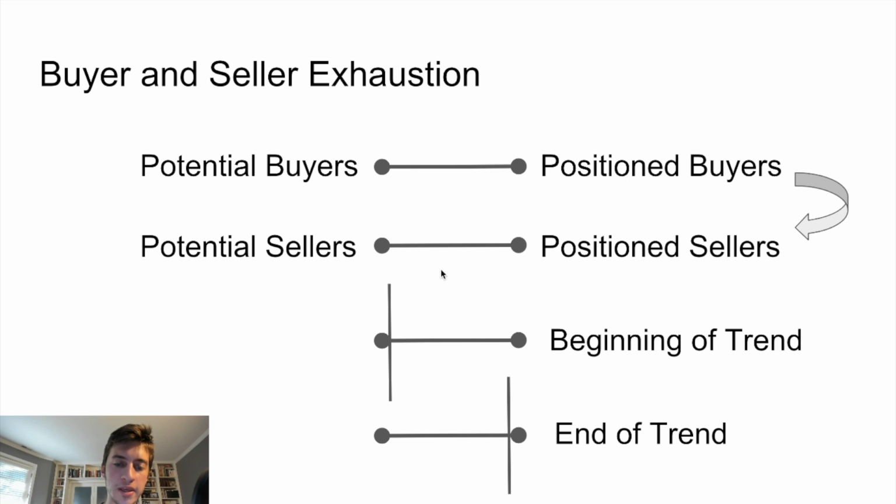And the second one would be think of a trend as a pendulum, and that as the pendulum goes from really maximum potential buyers, beautiful beginning of an uptrend, to maximum position buyers, end of an uptrend, you can begin to see this pendulum visually with volume and even with sentiment as well, and make moves accordingly.